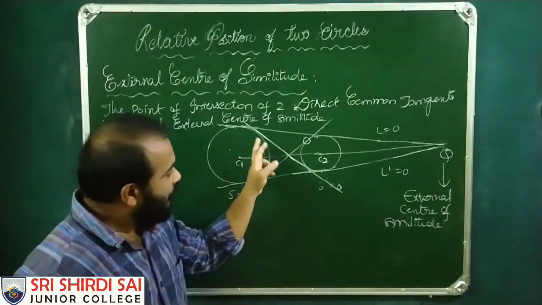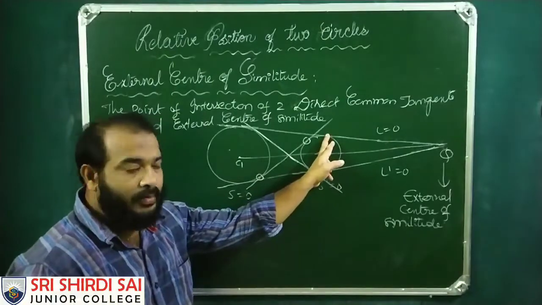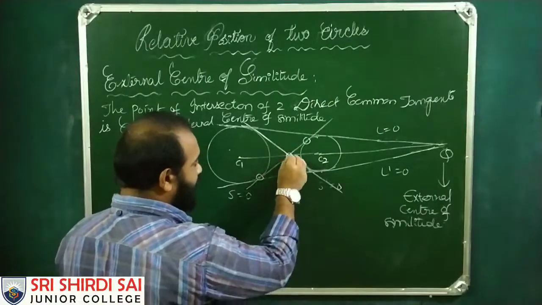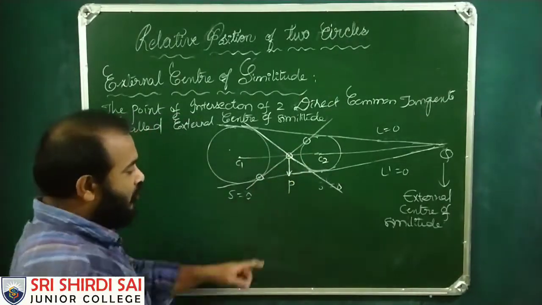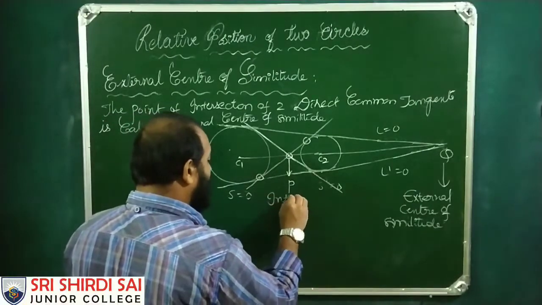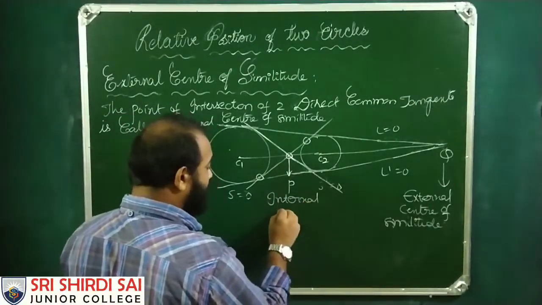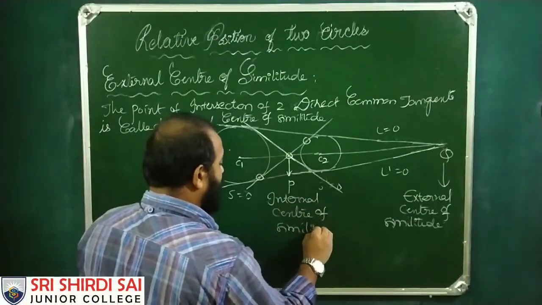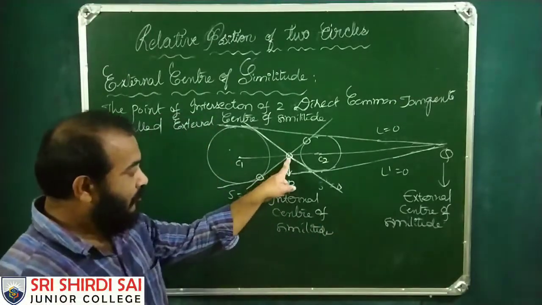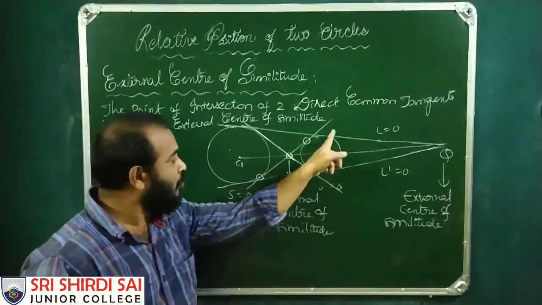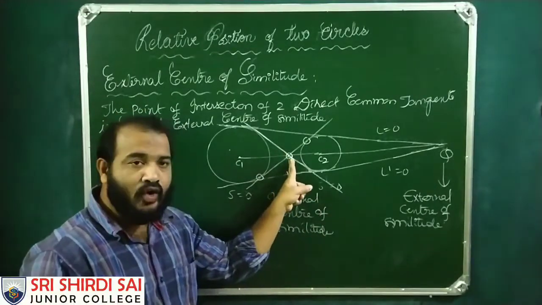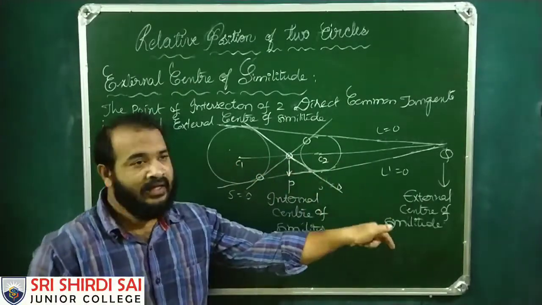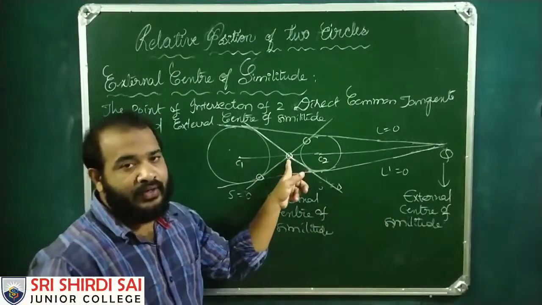The point of intersection of these transverse common tangents is, for example, this P. So this P is called the internal center of similitude. Can you guess how that name comes? Because this point of intersection of two transverse common tangents is lying in the interior of the line joining the two centers. That is why the name internal center of similitude came.